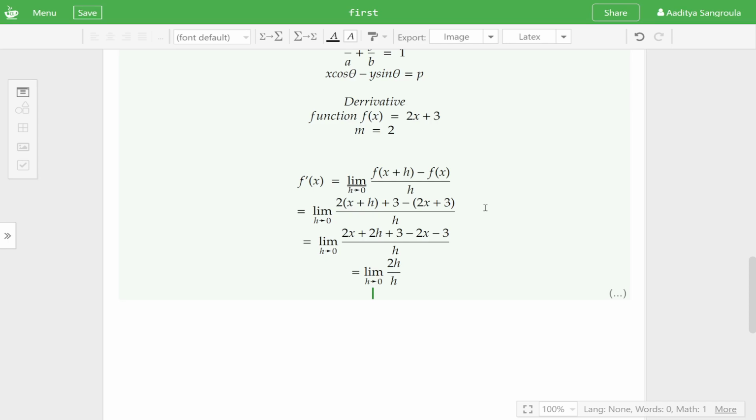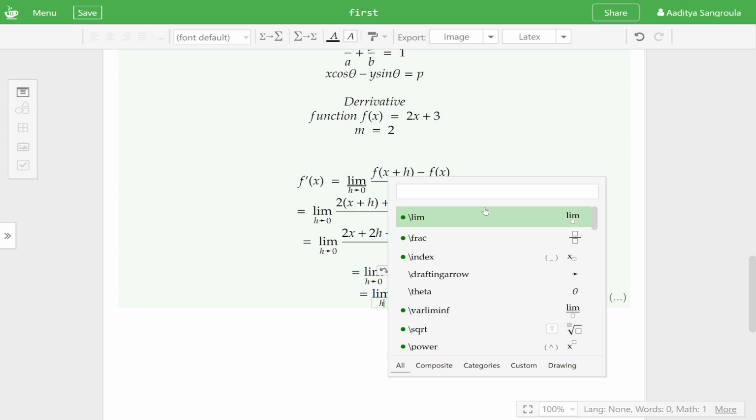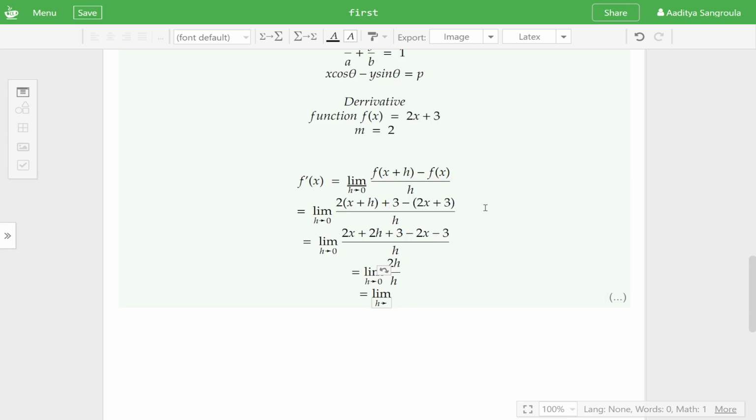So that's going to be equal to the limit as h approaches 0 of just 2, because now we don't have anything called x in there. This limit is f prime of x, which is the slope of the line, right?